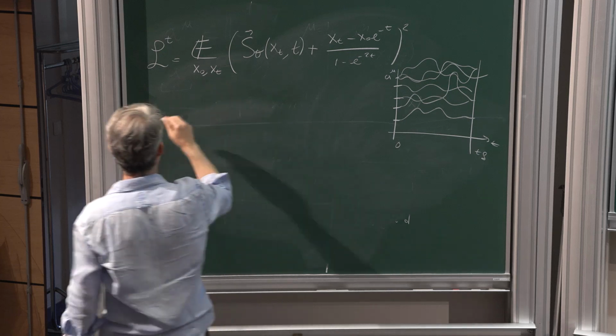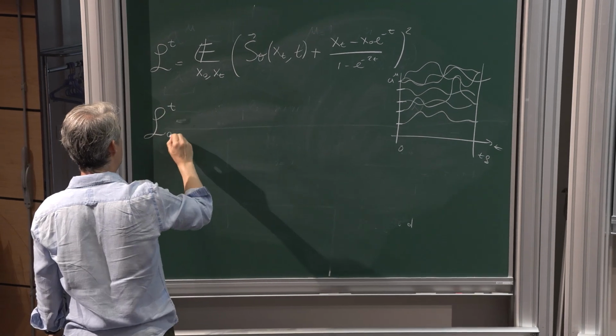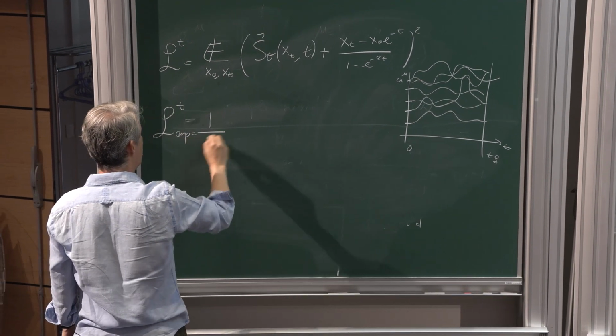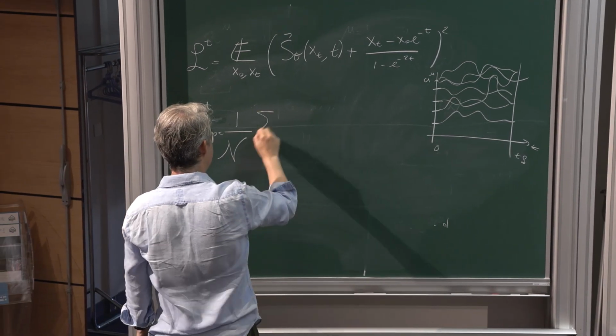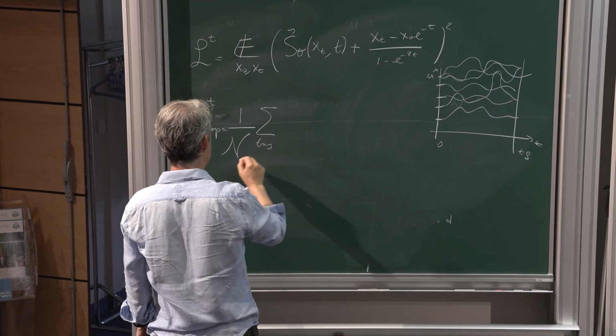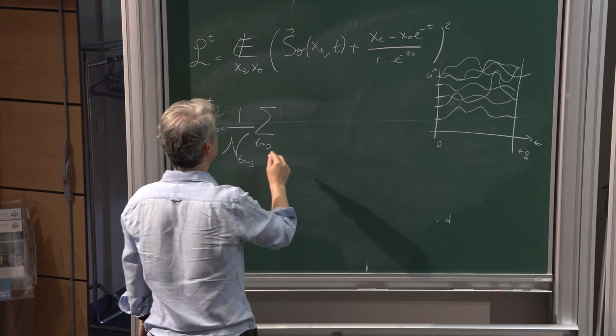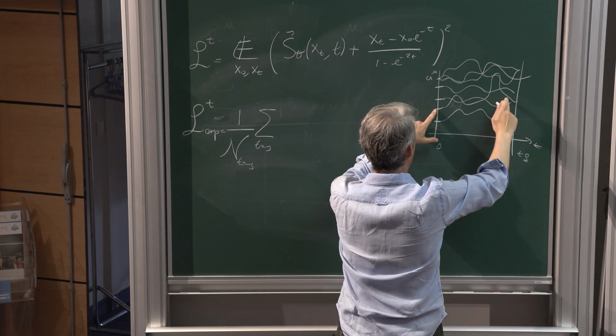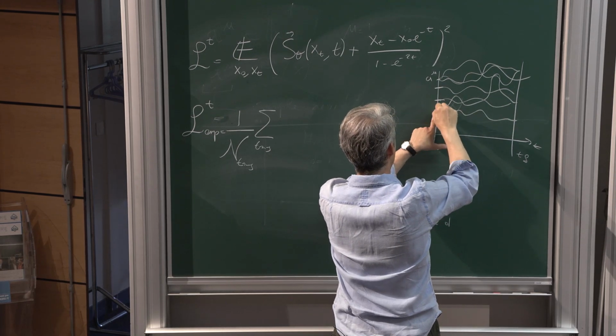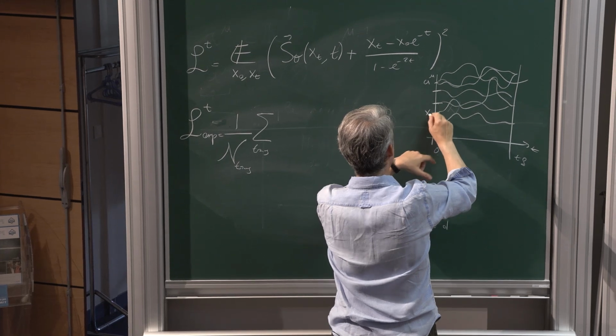So I can rewrite this as the empirical L_t, which is just 1 over the number of trajectories times the sum over all trajectories. And for each trajectory, let's say this one, I have an initial point, which is what I call x0.